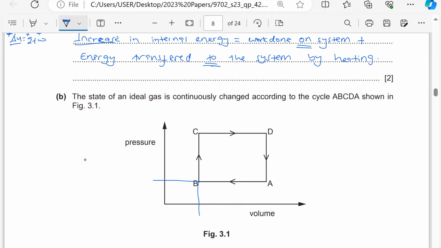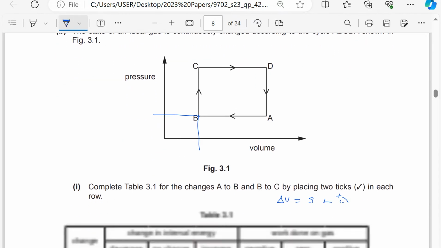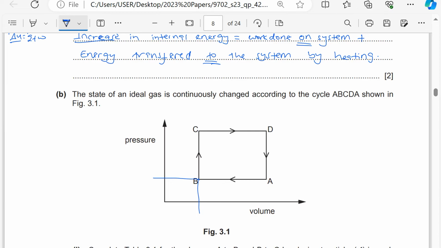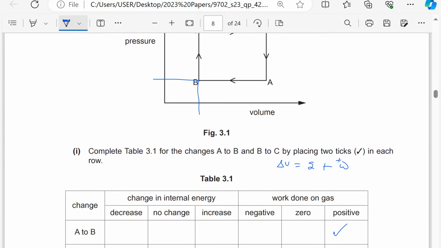Okay, so the pressure is constant, the work done is positive because the volume decreases. That is A to B. Okay, let me first leave that. I'll come back to that.